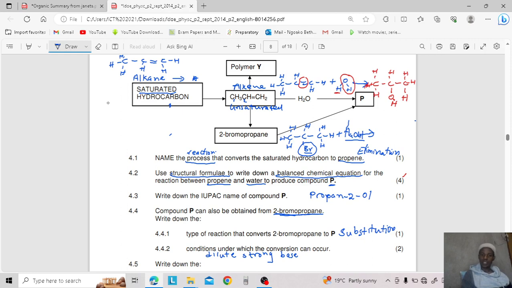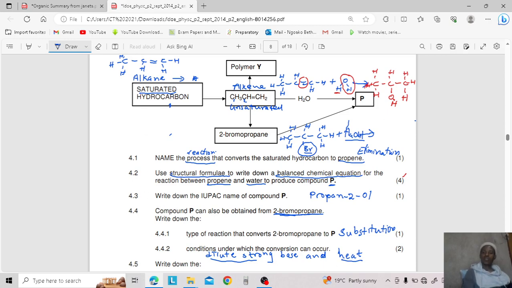Because they're saying 2 marks, the conditions are a dilute strong base and, of course, heat, a mild heat or a warm heat. Now these are the 2 reaction conditions that are required for this to take place.